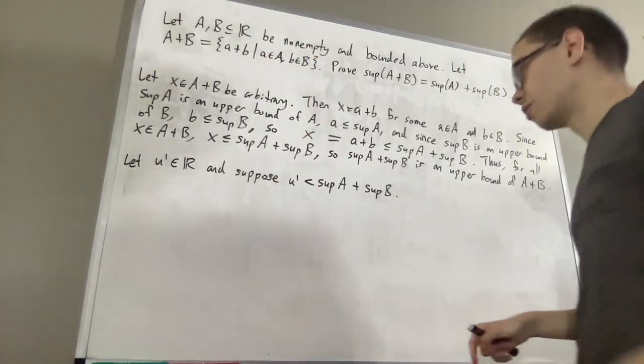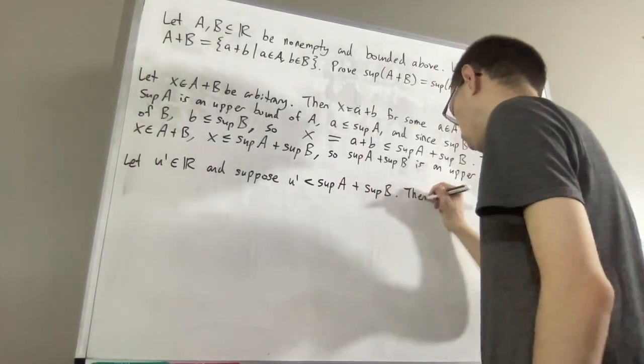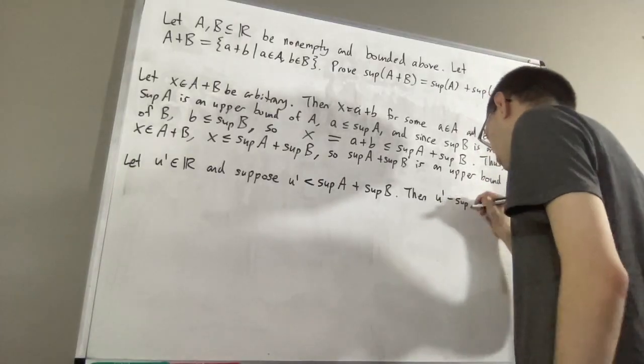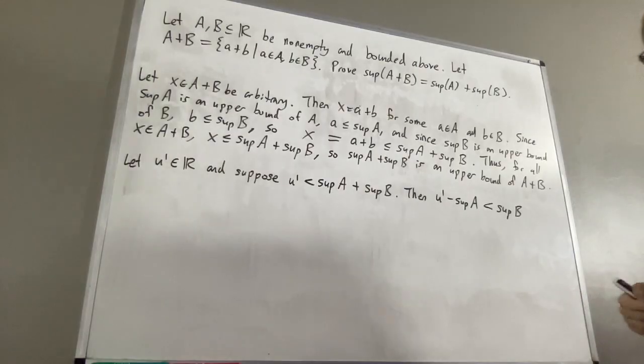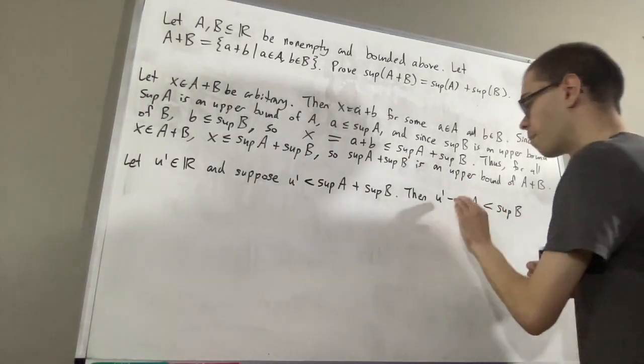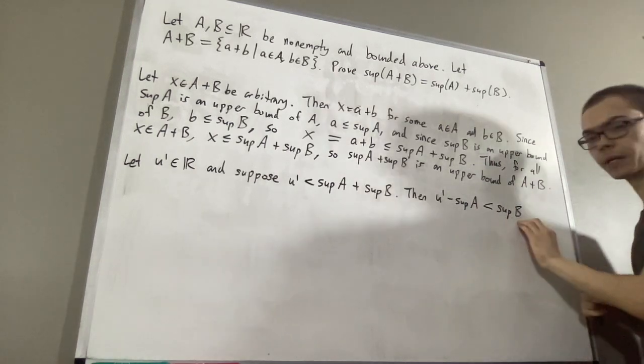So here's the idea. We just subtract supremum of a to the other side. We get u prime minus the supremum of a is less than the supremum of b. So what we see here is u prime minus the supremum of a is strictly less than the supremum of b.